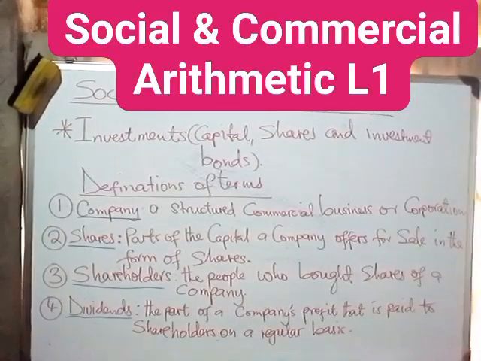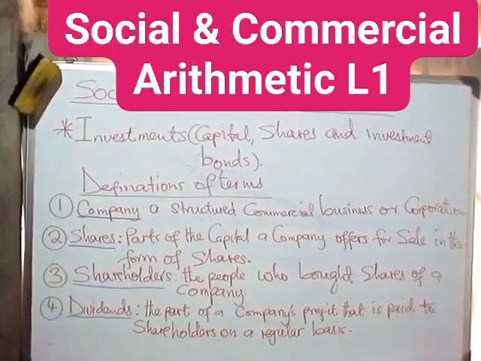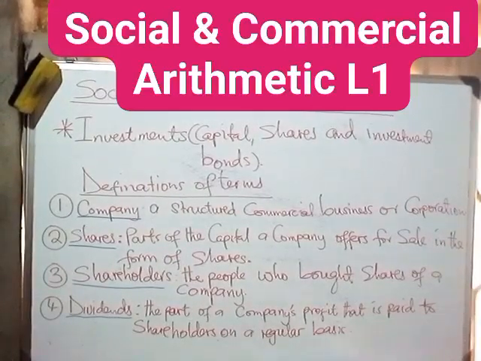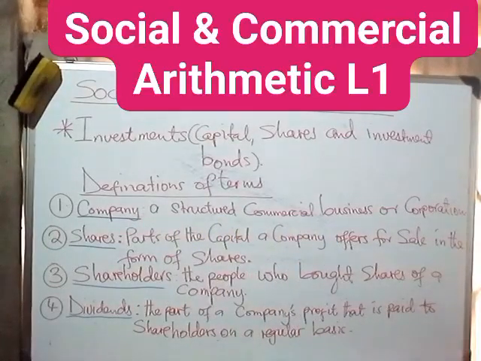The first definition of terms we are going to come across as we go through this topic known as social and commercial arithmetic is the definition of the word company. We are told a company is a structured commercial business.